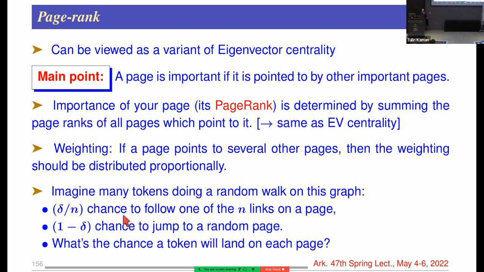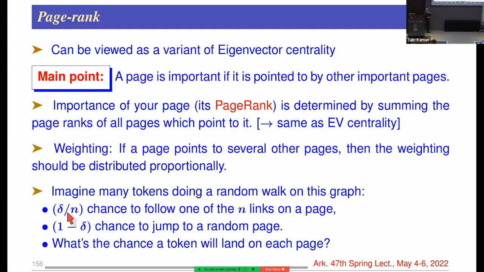Delta over n chances of going along one of the n links in the page, and then one minus delta chance to jump to a random page. The delta here is a scalar fixed somewhat arbitrarily to be like 0.90 or 0.85. But let's think of delta equal to 1 just for simplicity, right? So you don't have the second case here.